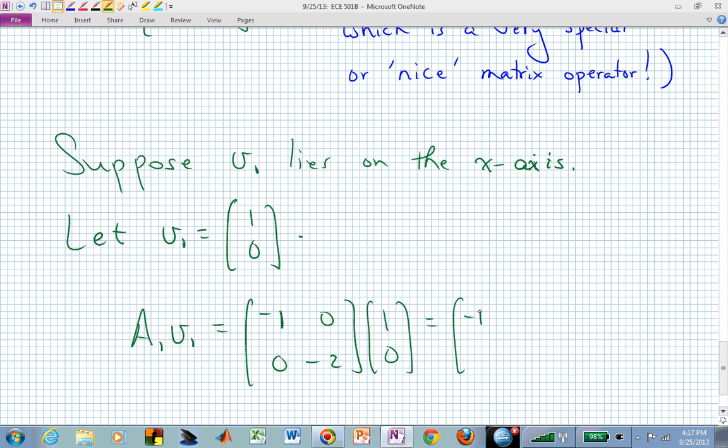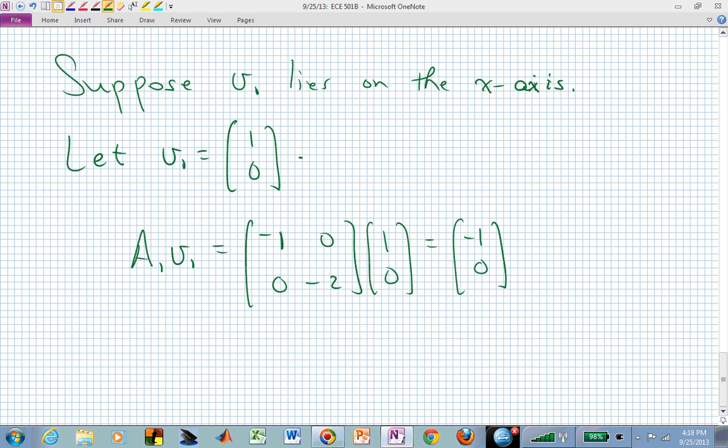This now becomes the first column of the A matrix. And if we look at that, we can factor out a -1, and we in fact get back that x-axis that we started on.